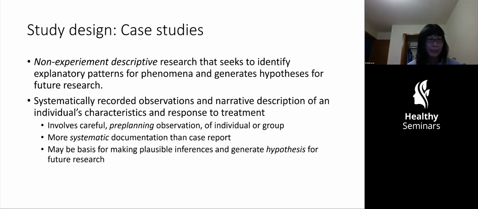This is because mainly we do not have control comparisons. It's a single case. We are obtaining detailed observation and collecting that information. And so the observations cannot be generalized to other individuals or other cases in this regard.